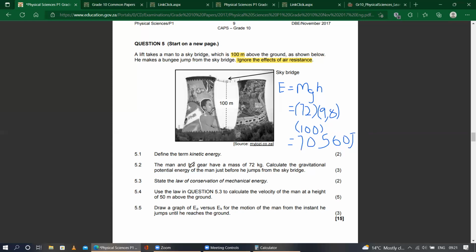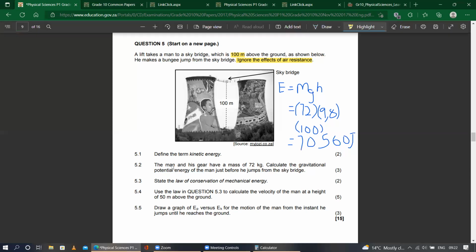So now they say state the law of conservation of mechanical energy. It's actually not that hard.